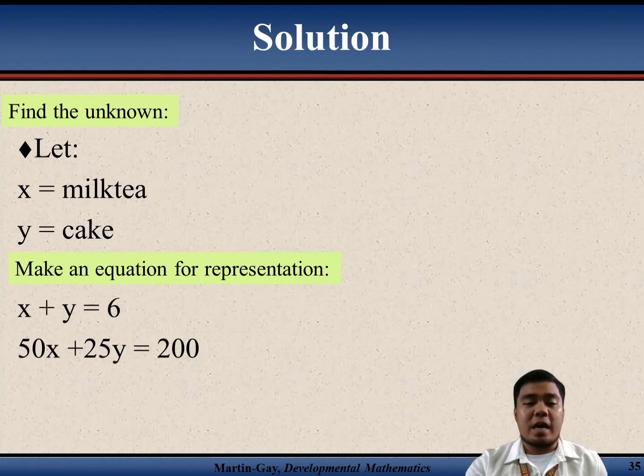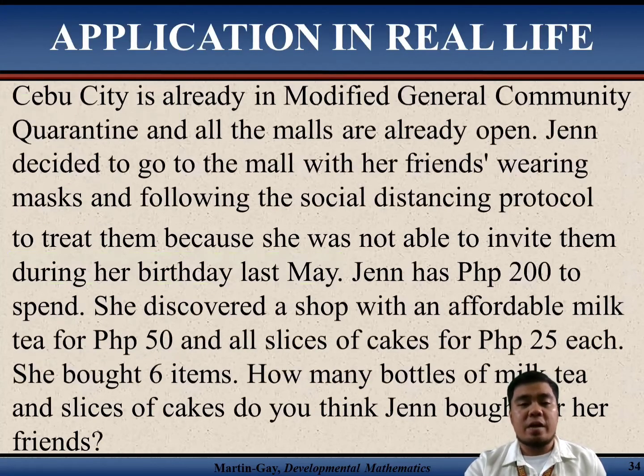Then right after that, how did I arrive at 50x plus 25y is equal to 200? It is stated here that it is 50 for each milk tea and 25 for each slice of cake.